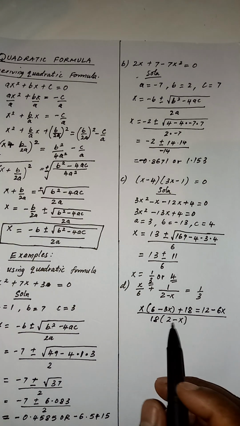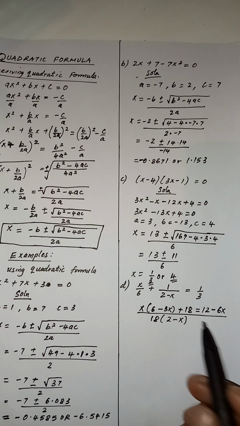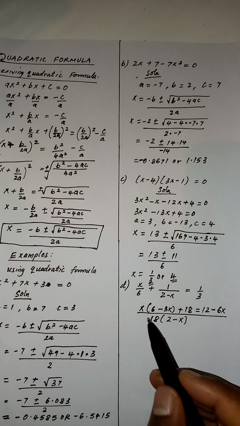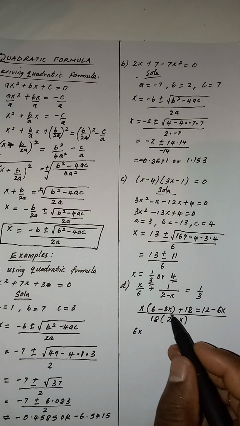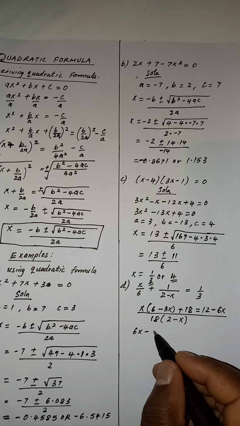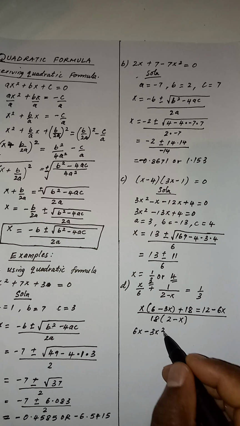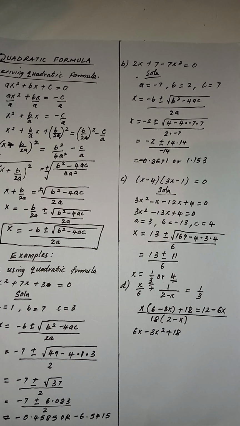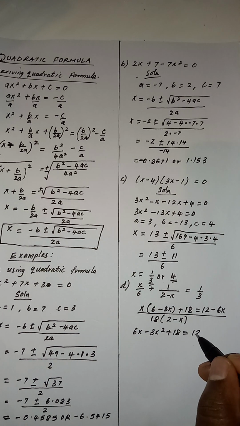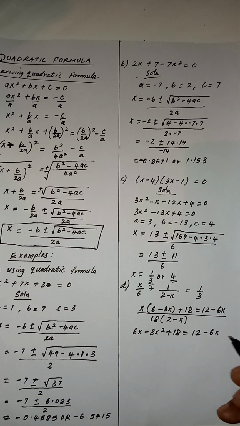Let us simplify what is on the numerator. So x times that will give us 6x. X times 3x will give us minus 3x squared plus 18 is equal to 12 minus 6x.